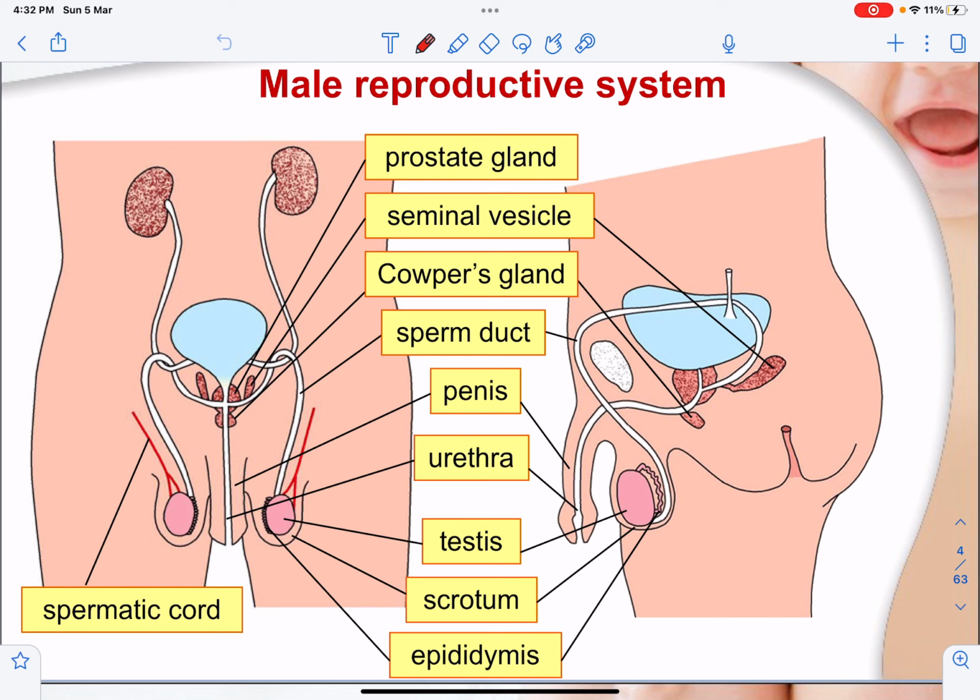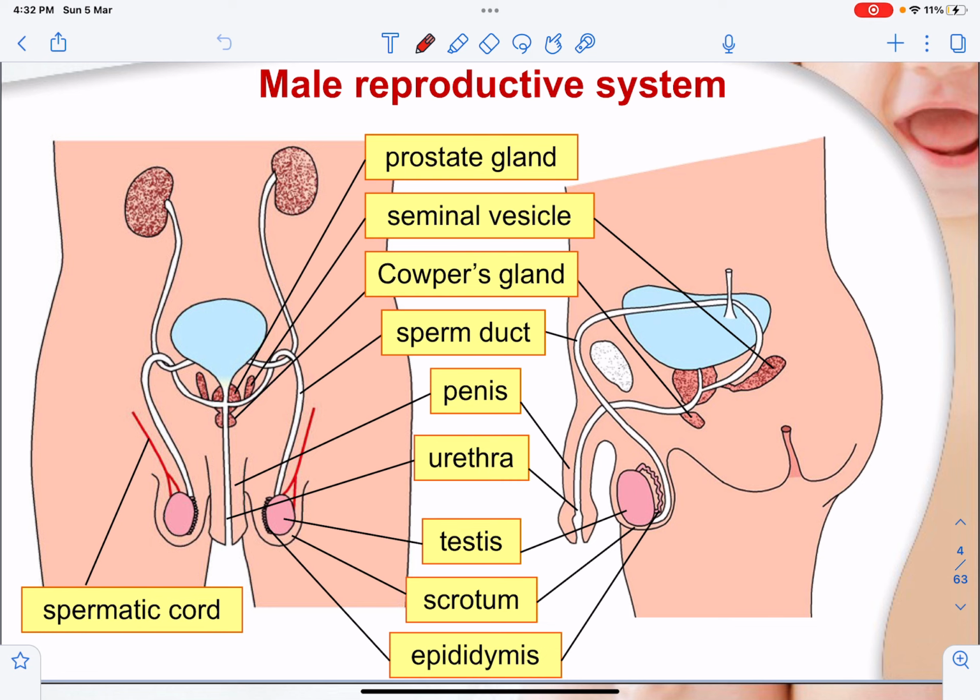For the testes, the testes will produce sperm, and not just sperm but also male sex hormones such as testosterone. Testosterone is the hormone that gives you male characteristics, like a deeper voice as one example, and a muscular body in some sense.